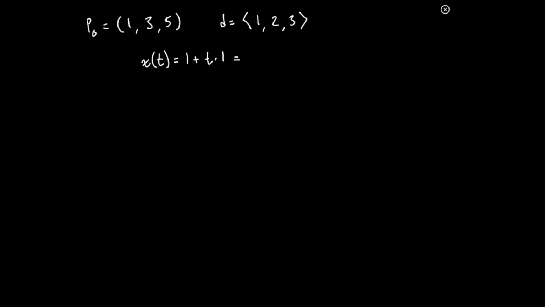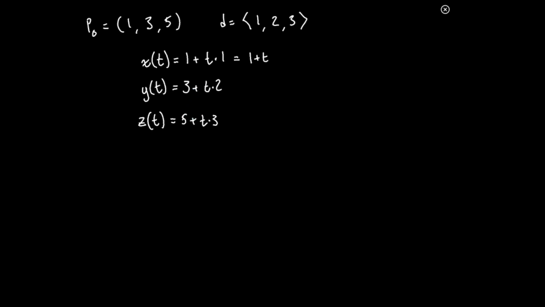This just simplifies to 1 plus t. Y of t equals y naught, which is this number right here, so 3 plus t times this number right here, 2. Z of t equals 5 plus t times 3. So there's my parametric set of equations.